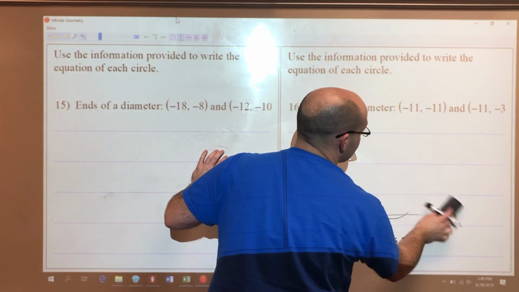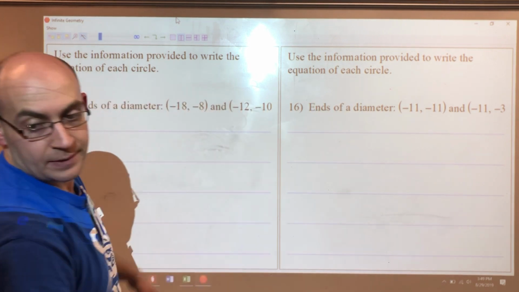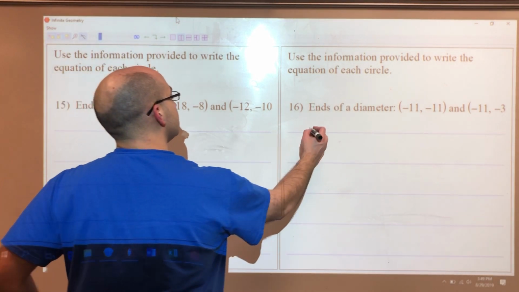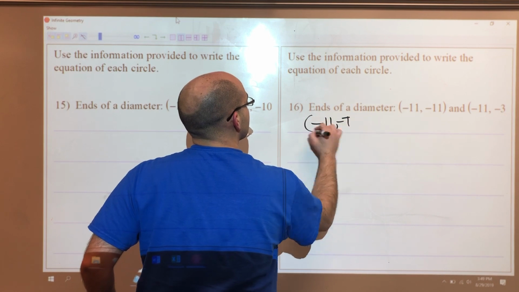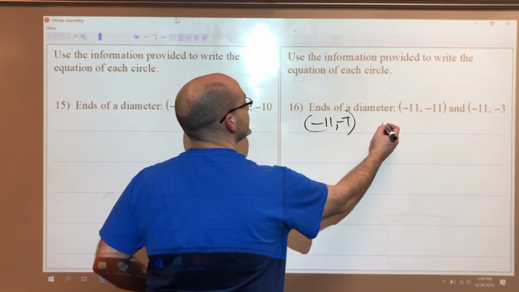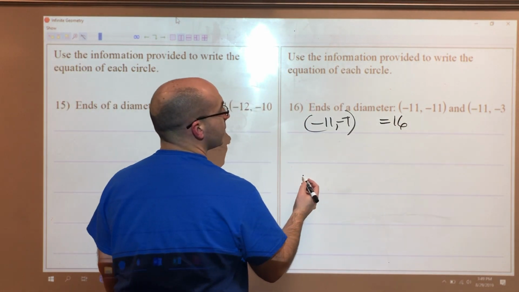Again, that's negative 11, and negative 11, negative 3. Okay. Center of the circle is negative 11, negative 7. And my r squared value is 16, so my radius was 4. Okay?